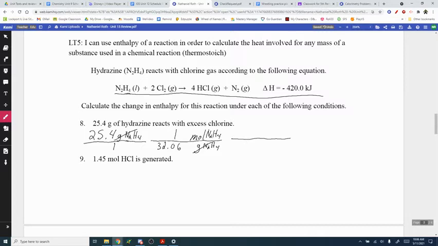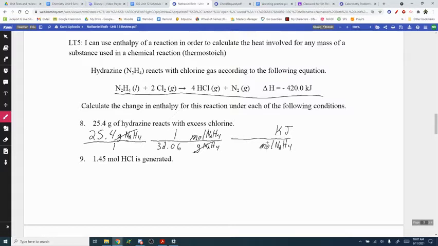And actually, we're going to rewind a second. Calculate the change in enthalpy. So we are looking for energy. That's why we didn't stop here at moles. So moles N2H4 goes on the bottom. We are looking for energy, so kilojoules goes on top.